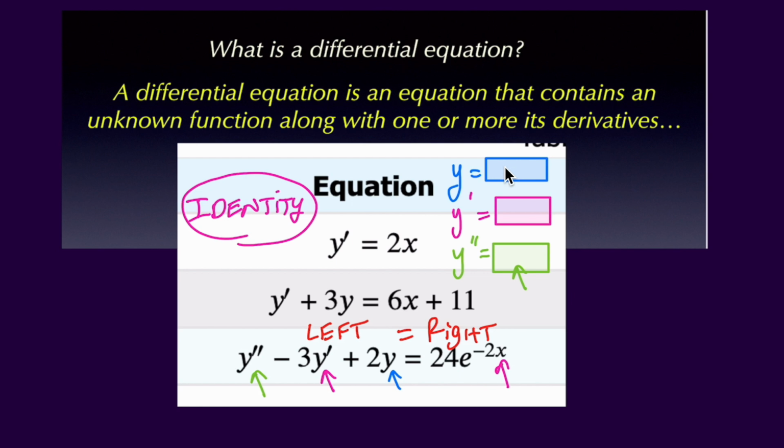If we feel we have the solution of this differential equation, again, what does the solution mean? It's the unknown function y. If we take its two derivatives and plug them in and we get left equals right, we have established an identity, and that confirms that it is indeed the solution of this differential equation.